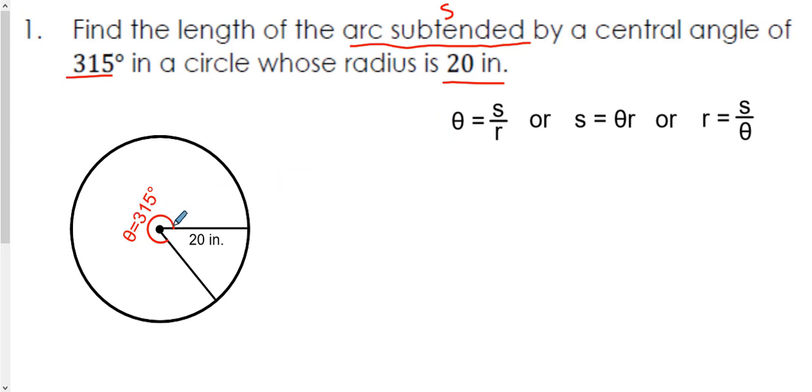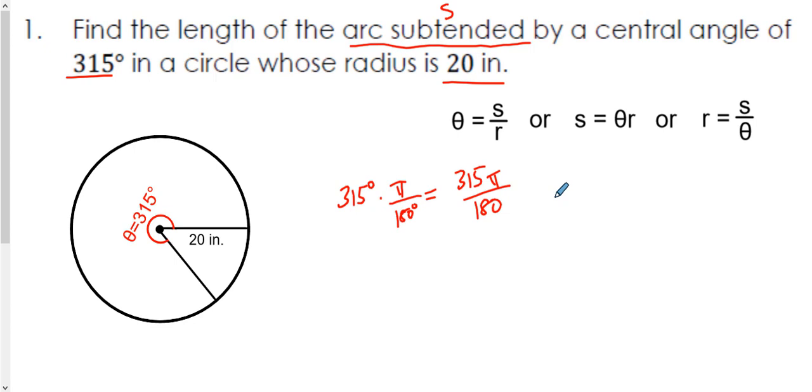So this 315 degrees is from here all the way around over here. To convert that into radians, we have to multiply it times pi over 180, if you remember. So this gives us 315 pi over 180. And we just have to figure out what number goes into both of those, and I believe 45 does.